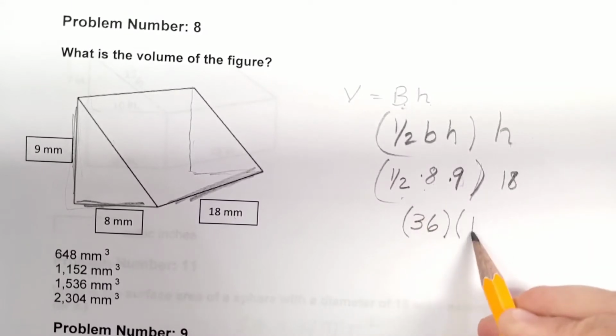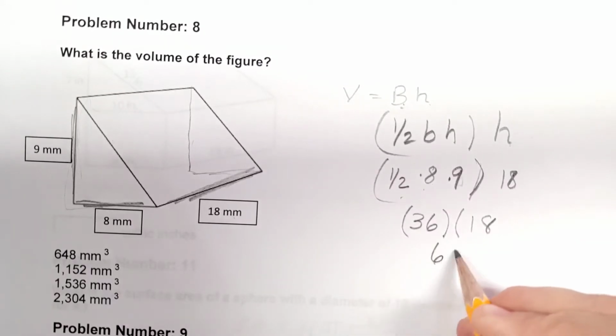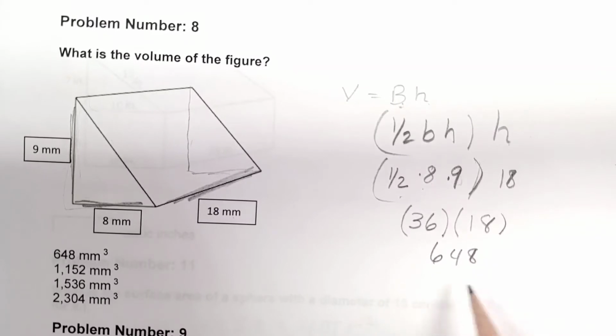Okay, and then we have to multiply that by 18. And we get 648. So this is the volume of this triangular prism.